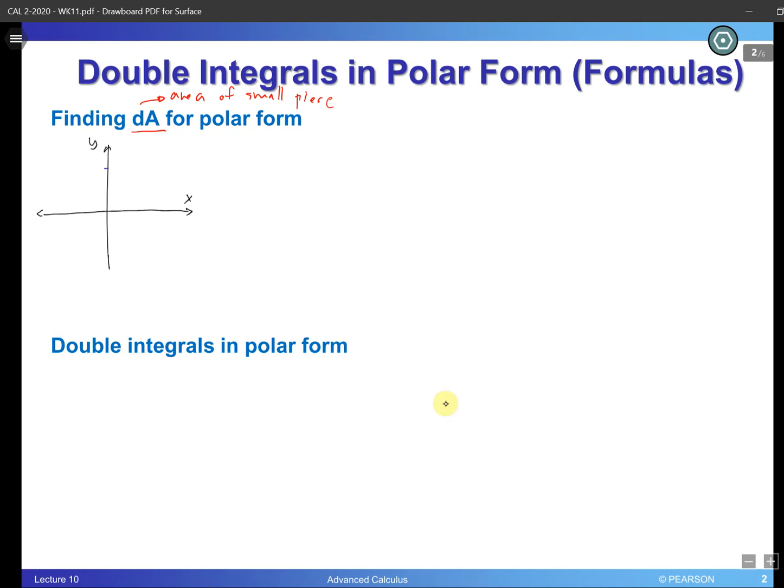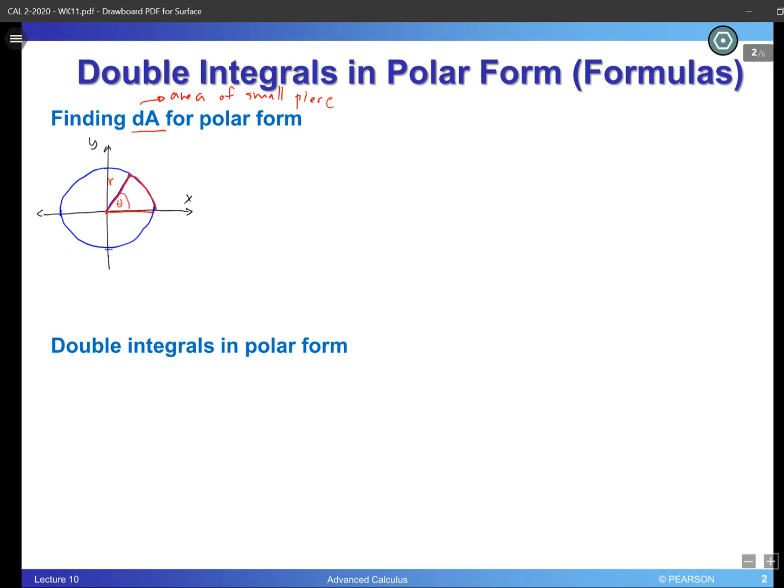Okay, let's build a circle like this. Then we want to find the area of this piece. Just this one right here, let me highlight this. It's going to be this piece that we want to find the area of, and this piece is a part of the circle with radius r. So we know the radius of this piece, and we know this theta right here.